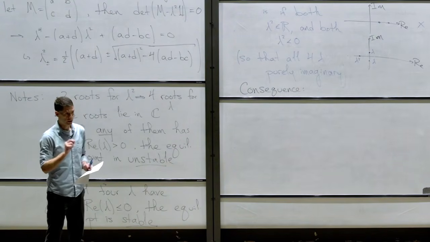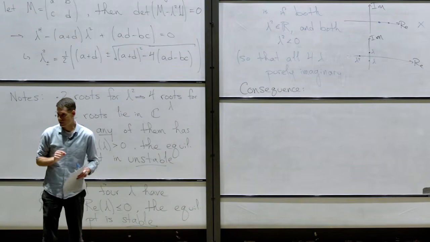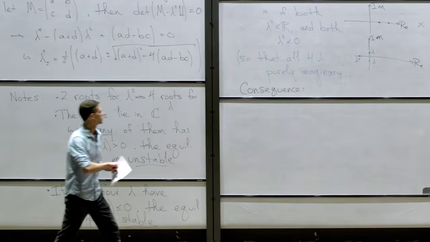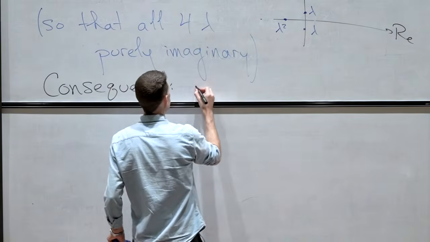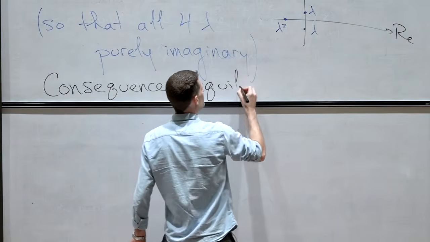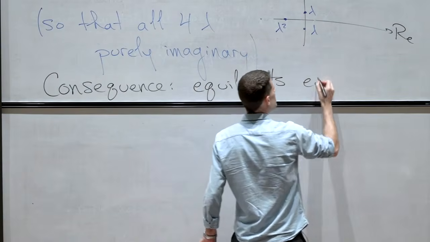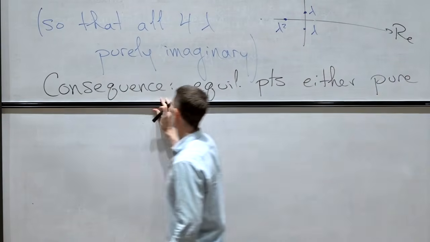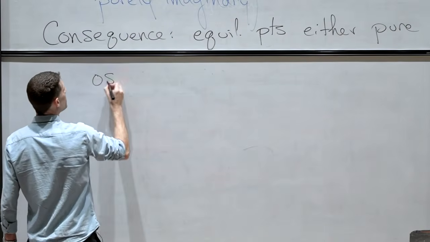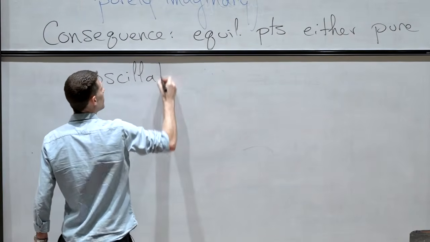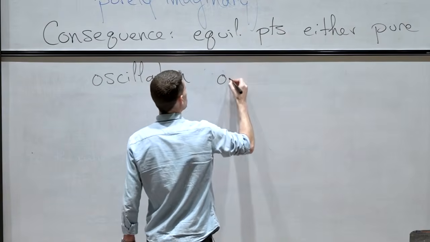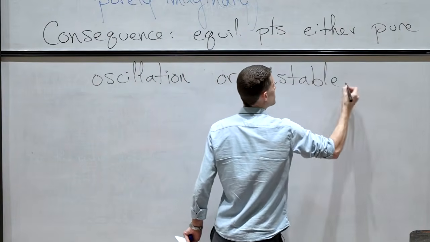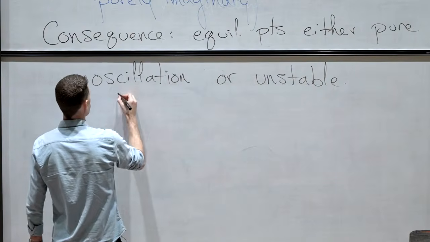So my equilibrium points are either pure oscillation, where lambda is purely imaginary, or unstable.